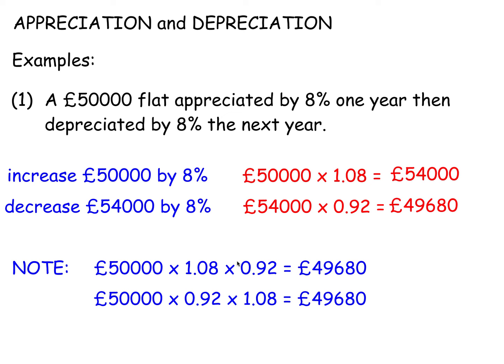So it doesn't matter which is done first, the 1.08 or the 0.92. You'll get the same answer anyway. So the answer was simply by appreciation of 8% being 1.08 and depreciation of 8% being 0.92, and multiplying by these two factors. It takes you straight to the answer. You don't need to know the intermediate prices, the value of the house.